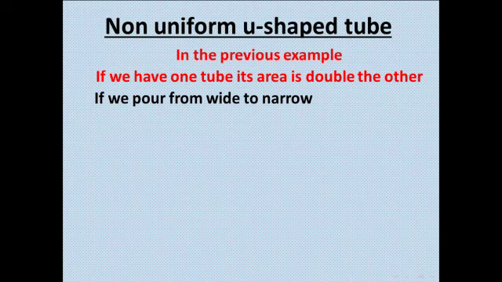If we pour from wide to narrow, if I pour in 2A, the water will rise in A. The wide tube 2A is A plus A, right? The wide is twice the narrow. So if I lower H, the other side rises H plus H.